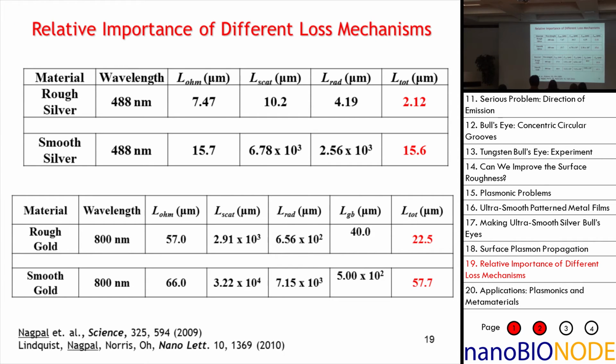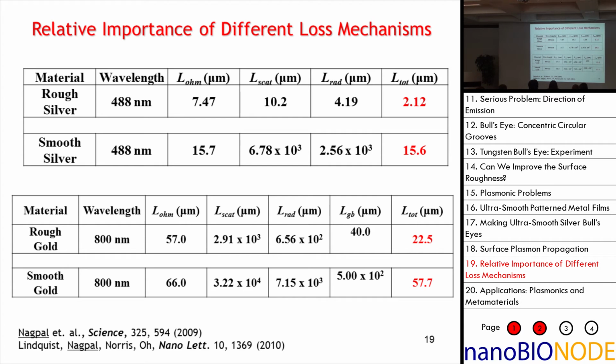In fact, when we characterize losses due to each one of these loss mechanisms separately, suppose the plasmons in total are propagating only 10 microns, we actually decoupled where these losses are coming from, either ohmic losses or scattering losses, or by simple radiation into free space, and this was the total plasmon propagation length.